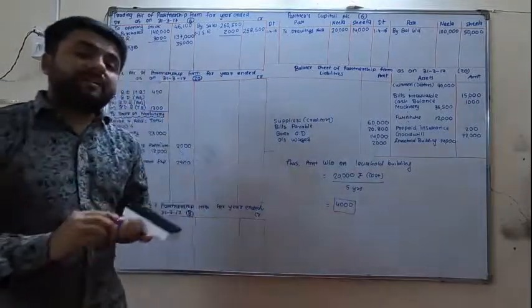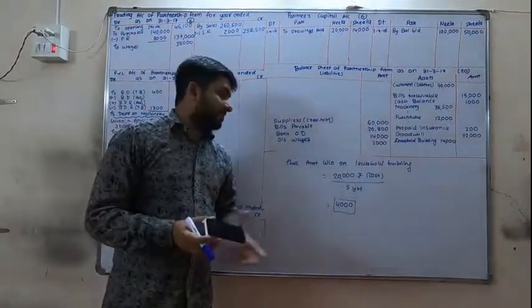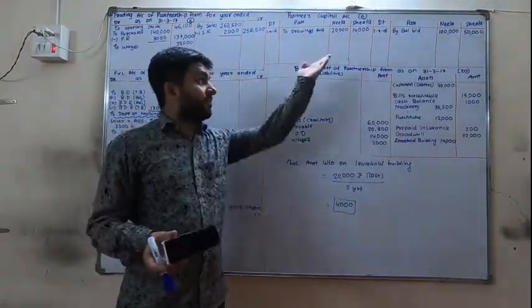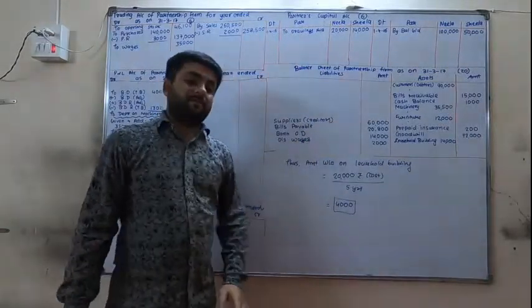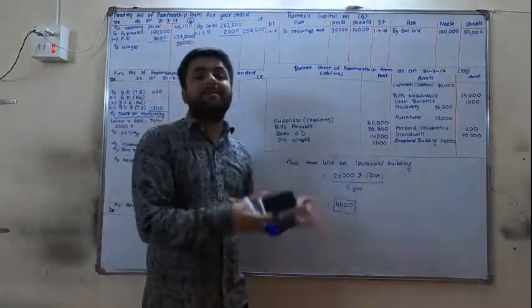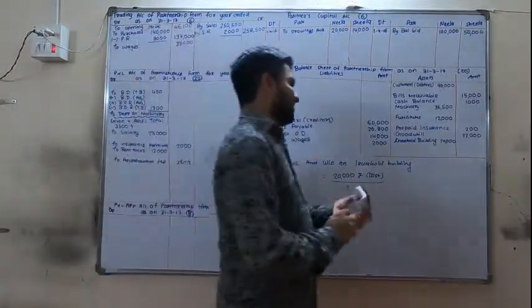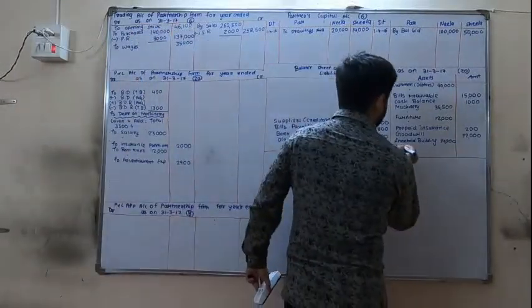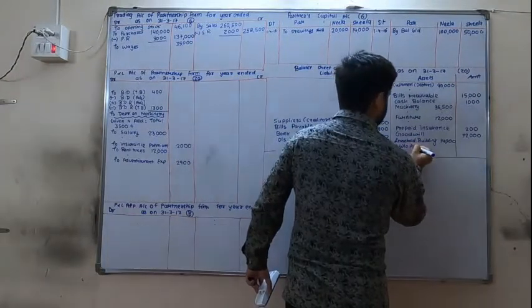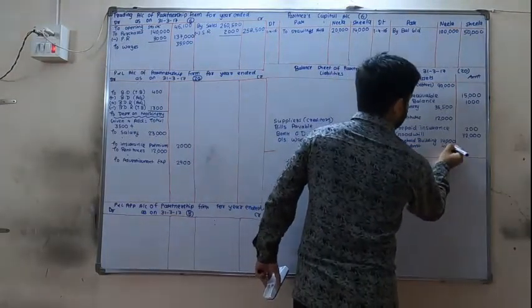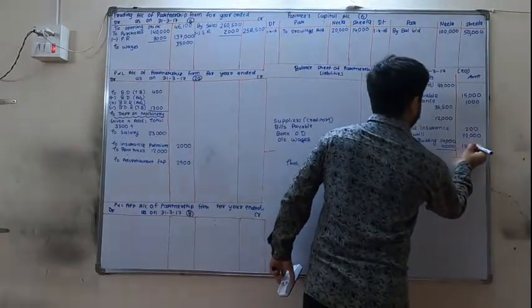And why are we not multiplying by any months? Because here we have the whole year from 1/4/16 to 31/3/17. So depreciation is 4,000. Now we are subtracting the written off amount 4,000. So in the outer column we will have 10,000.